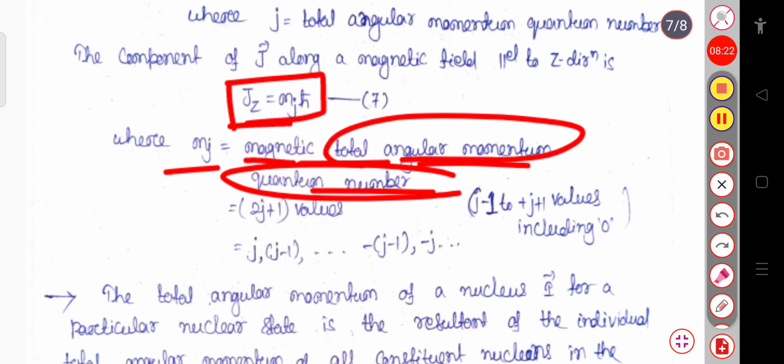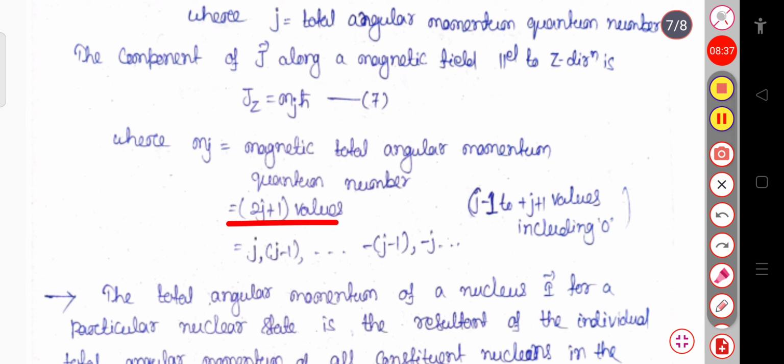M is for magnetic, j represents the total angular momentum, and this is your small mj. Small j represents the total angular momentum quantum number. Okay, and it has 2j plus 1 values, that is it varies from minus j to plus j including 0.